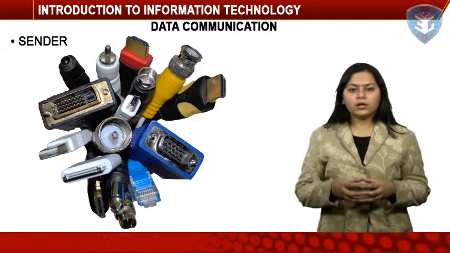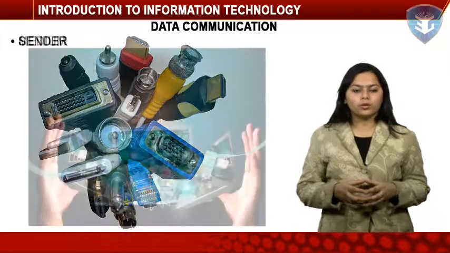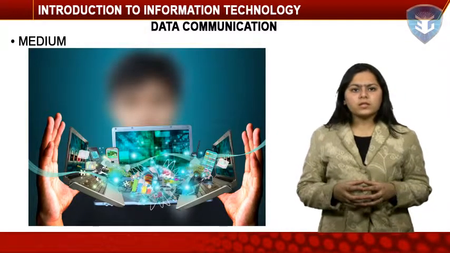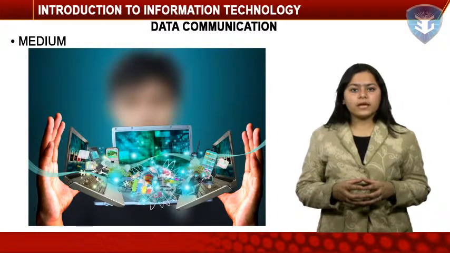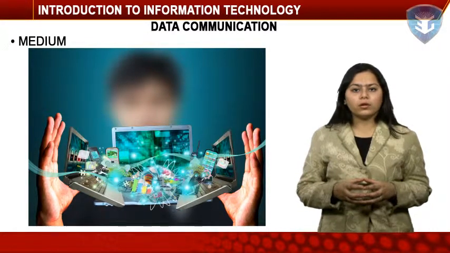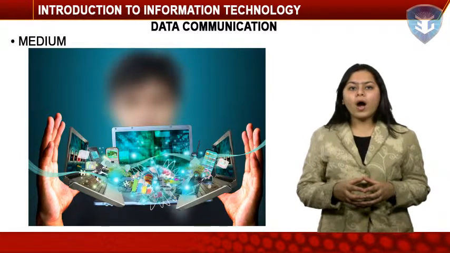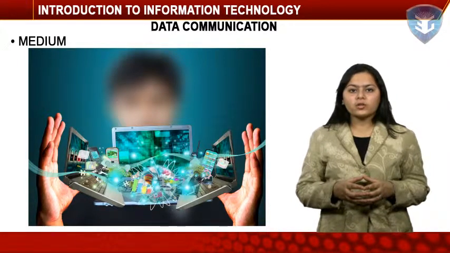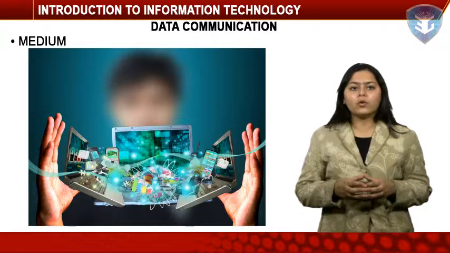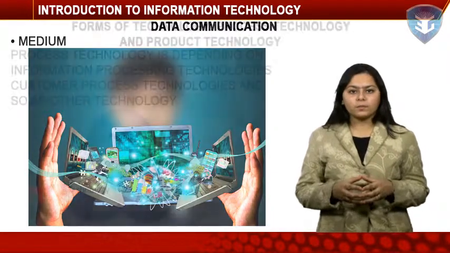In a modern digital communication system, the source is usually a computer. Medium. The means through which data is sent from one location to another is called the transmission medium. If the receiver and transmitter are within a building, a wire connects them. If they are located at different locations, they may be connected by telephone lines, fiber optics or microwaves.